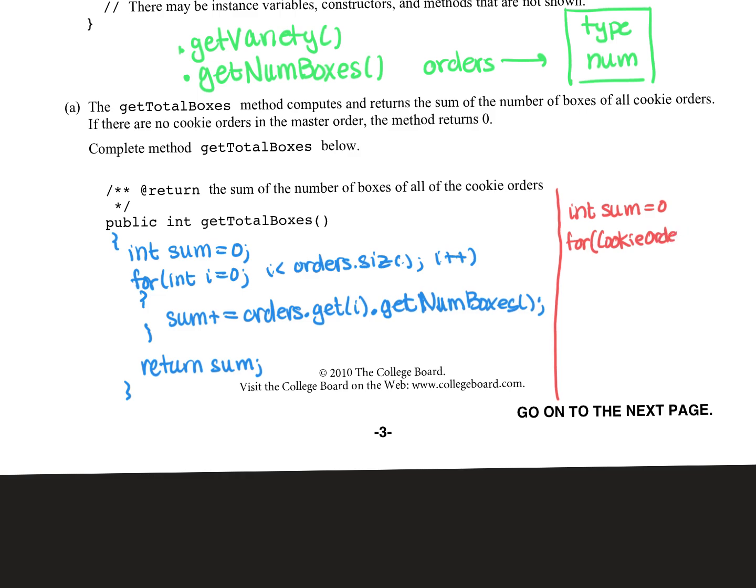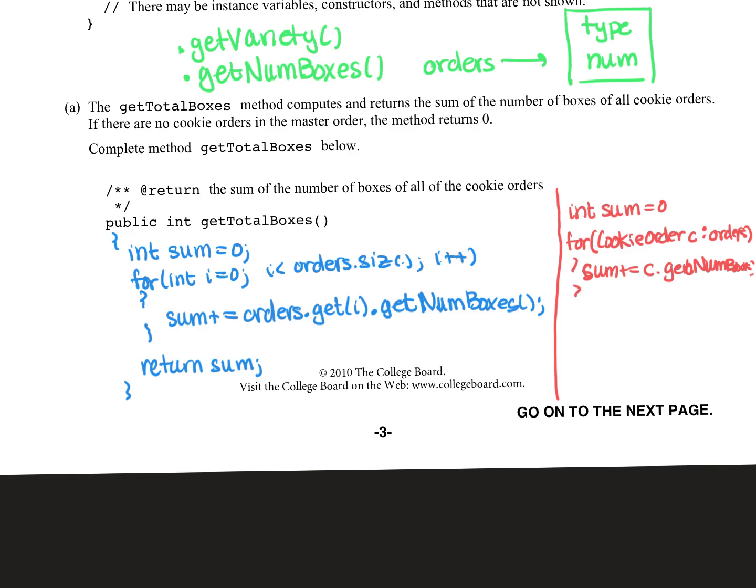I'm going to call it c, and we're going to go through orders. If we use the enhanced for loop, we can just call our object c, and we don't have to use the getters. So we would take sum plus equals c.getNumBoxes(). Using the enhanced for loop definitely helps you not have to write as much.